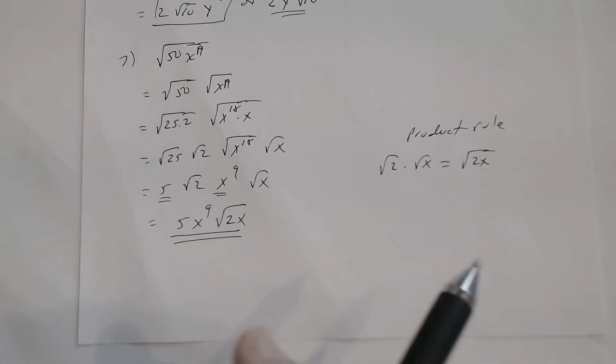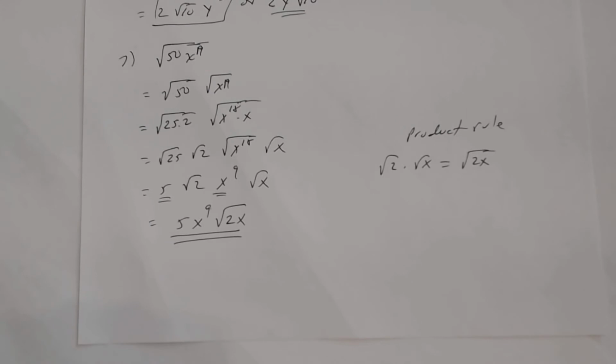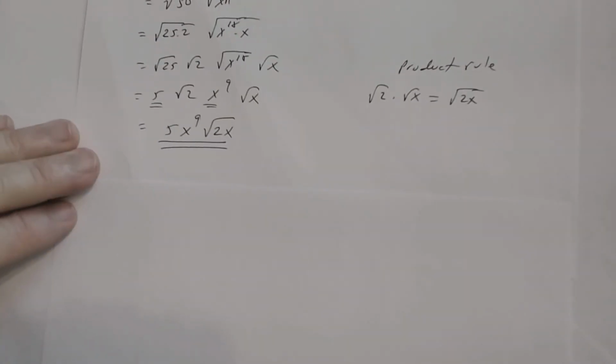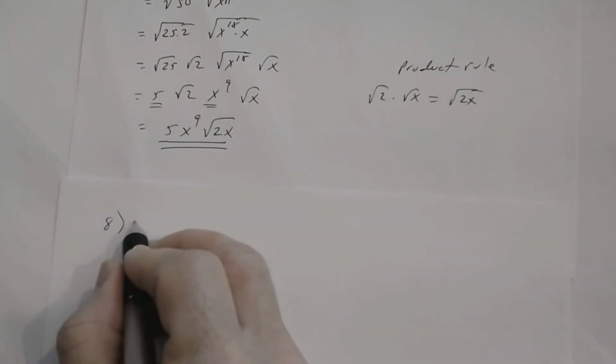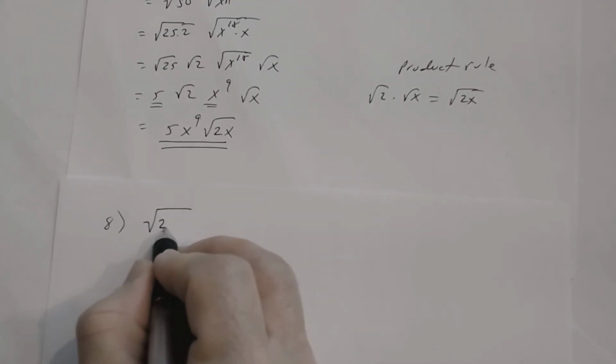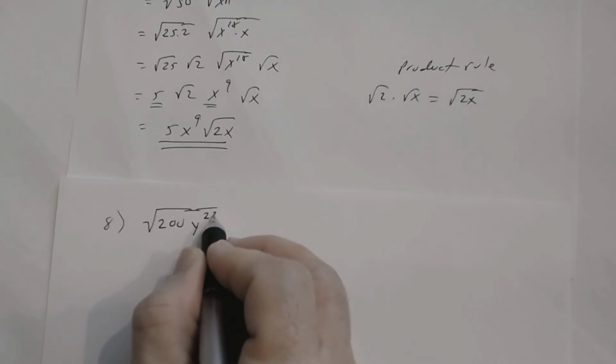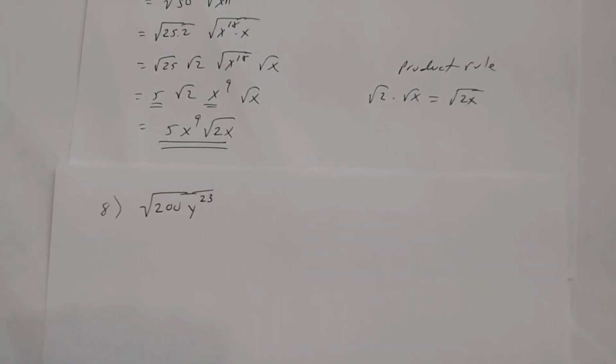So let's look at one more like number 7, and then we're going to look at another type of problem. So this is going to be number 8. So let's suppose in number 8, I have the square root of 200 y to the 23rd power.